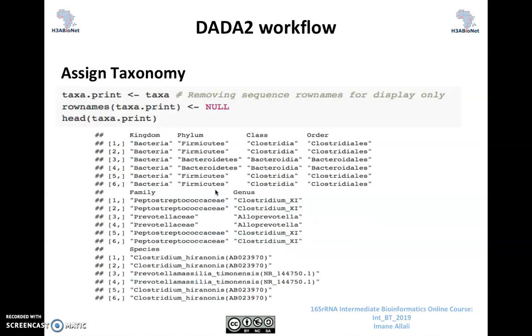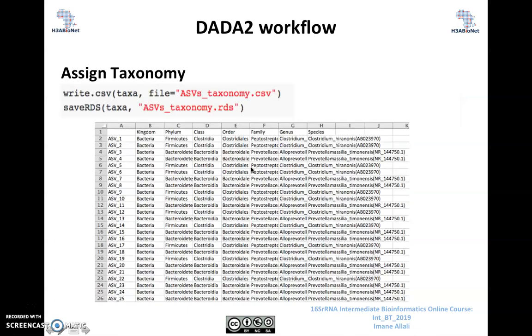So here is the result of the taxonomy assignment. It shows you from the phylum up to the species level, so you have all the different levels of taxonomy classification. You save your taxa results in a CSV file, as you can see here in the figure.